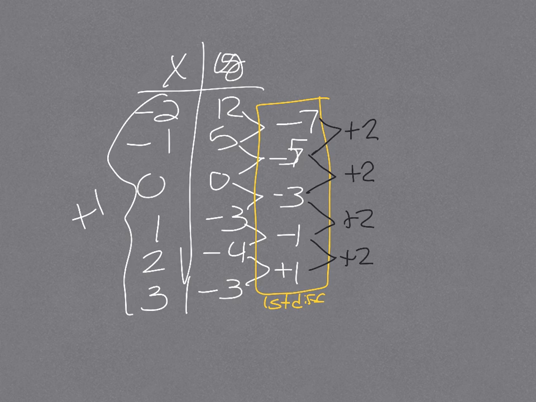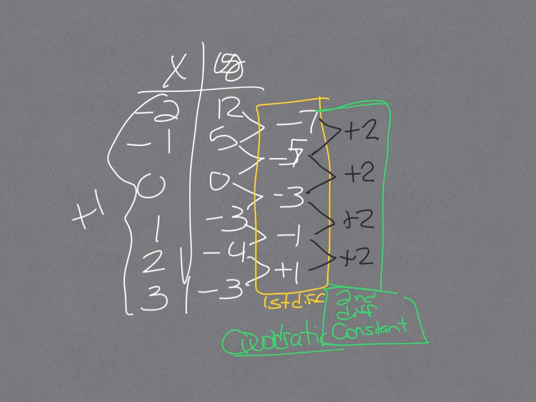Now this is called my second difference, and it is constant. So if my second difference is constant, then it's a quadratic. If your second difference is constant, it's a quadratic.